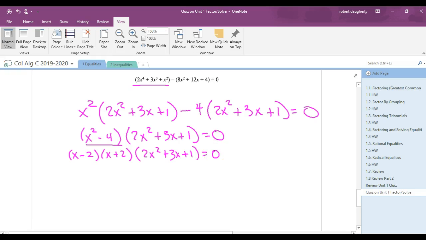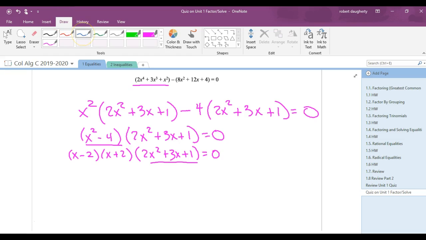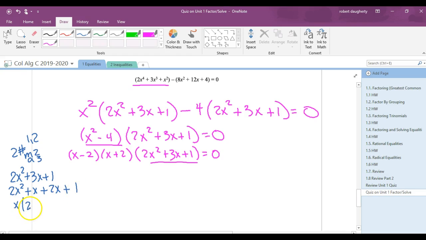Now, can I factor this? Let's move off to the side and see. 2x squared plus 3x plus 1. I need two numbers that multiply to 2 and add to 3. That's pretty easy, 1 and 2. So this is 2x squared plus x plus 2x plus 1, and then factor by grouping: x times 2x plus 1 plus 1 times 2x plus 1.